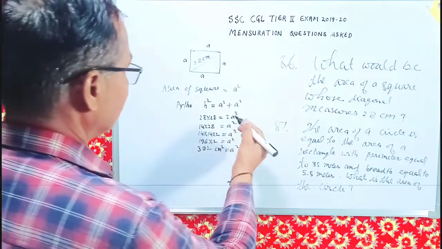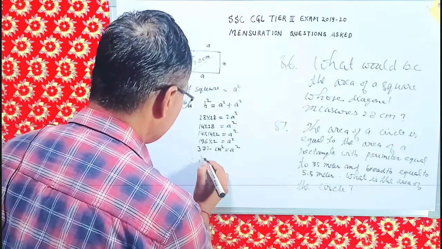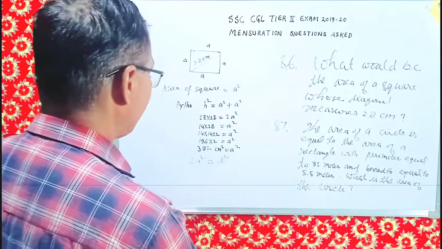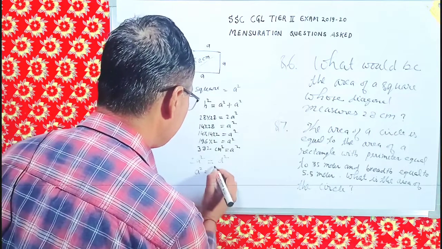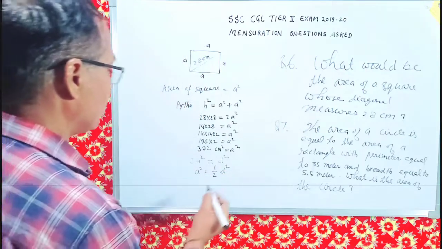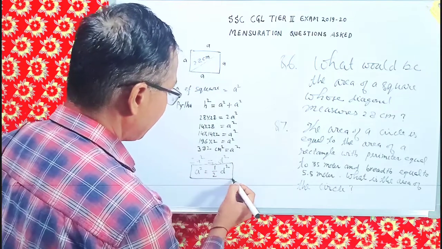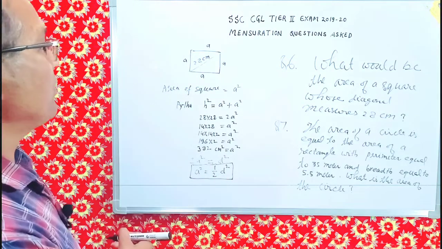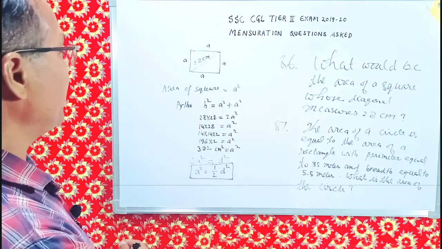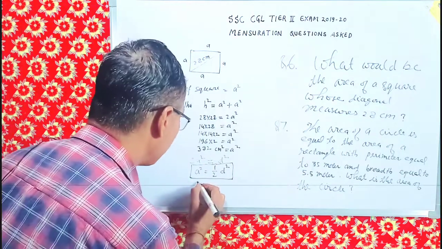We can see this here: once 2a square is equal to d square, then a square will be equal to 1 by 2 into the square of the diagonal. So this is the important formula which can be remembered for fast calculation. This way also we can calculate, but if we calculate using this formula, then it becomes easier.